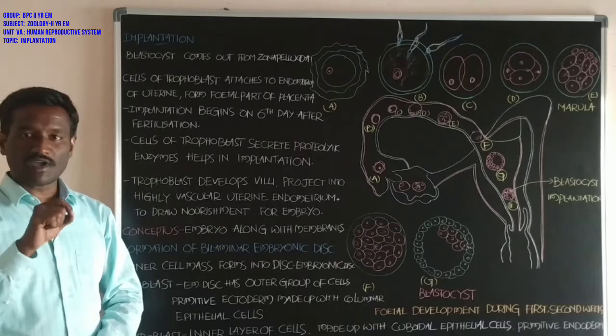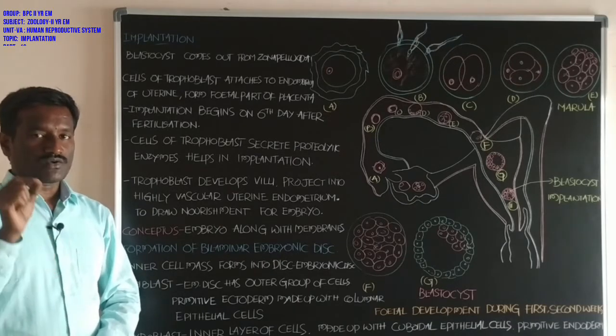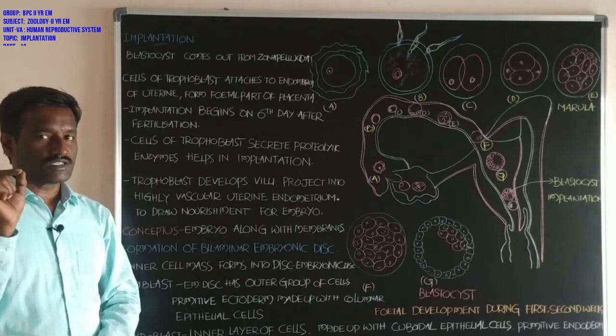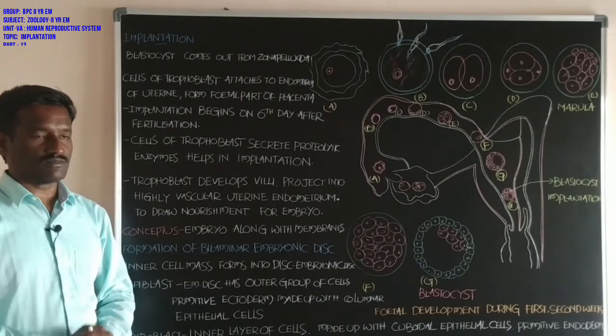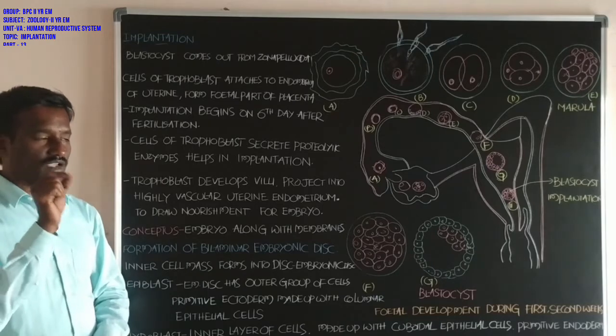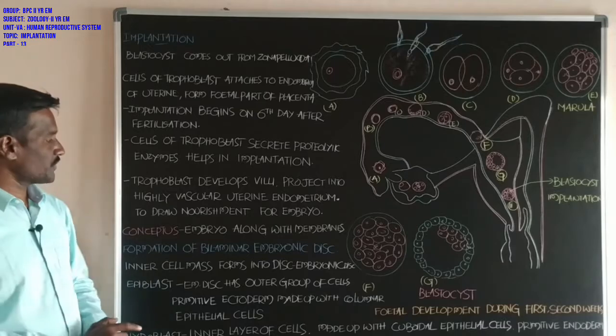Trophoblast cells produce proteolytic enzymes, and these help in implantation.